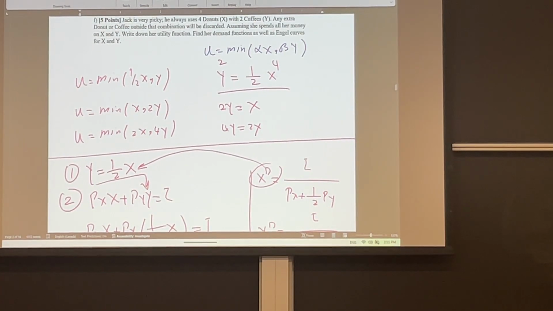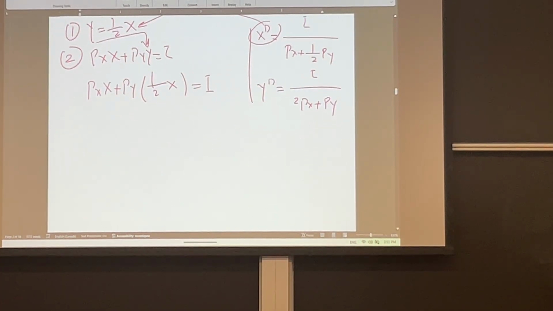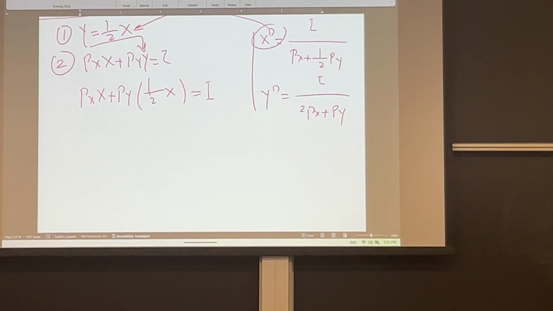That's this one. Then I want to find the Engel curve. The Engel curve will be just take the demand, isolate for I. I take this one, isolate for I. That gives you the Engel curve for x.